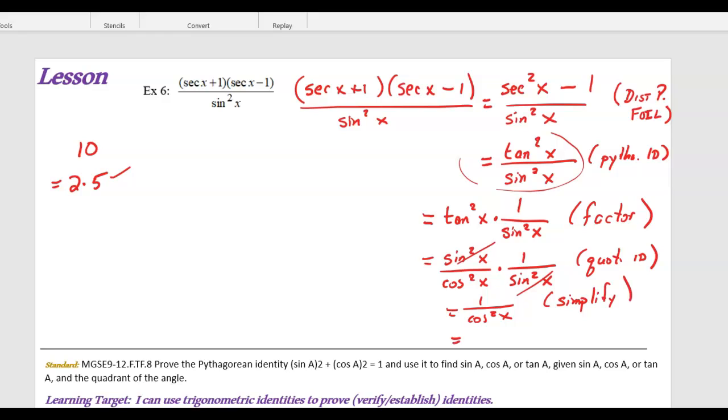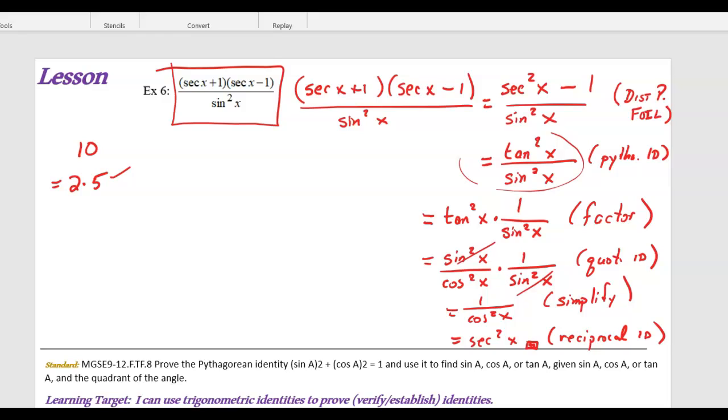And then I can rewrite this as secant squared of x, and that is one of my reciprocal IDs. End of proof. So all of this ugly expression simplifies to secant squared of x. Put my little box and shade, meaning done.